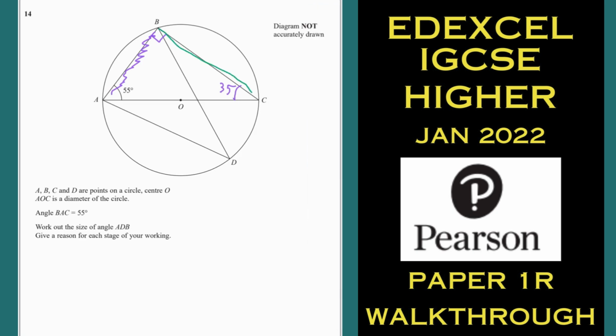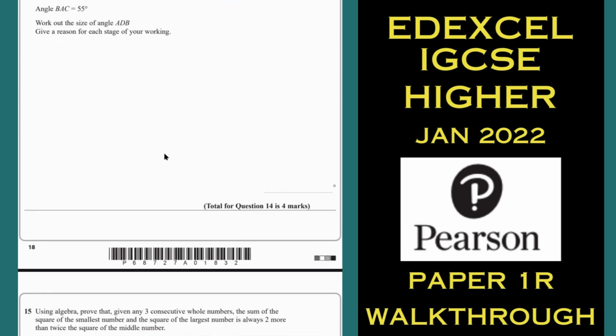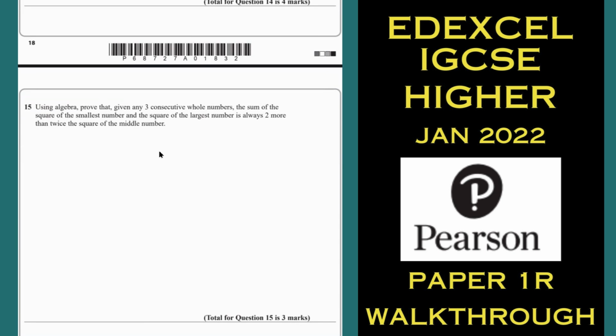If you create an angle like so, and you create another angle like so, this angle is also 35 because angles on the same arc are equal. Yes, you don't like writing. Tough. It's 4 marks. Earn it.